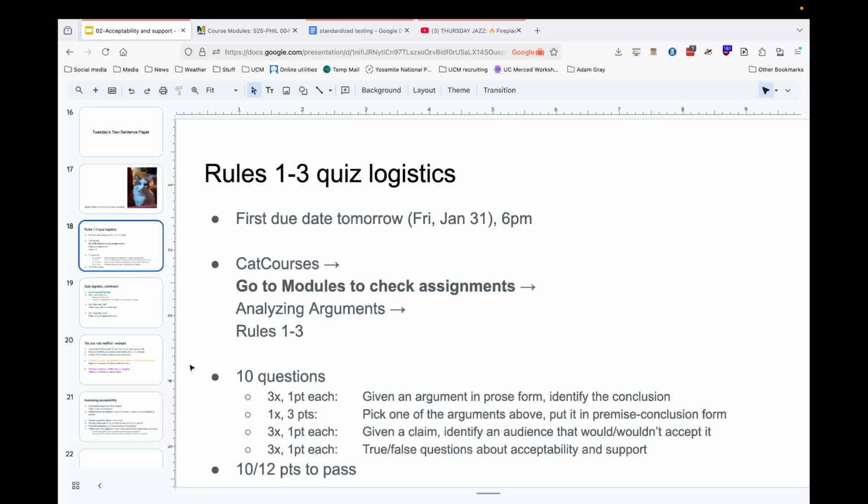We haven't talked about support yet. That's what we're going to be doing mostly today. Okay? So that's the structure of the quiz. Hopefully won't take you too long. And it's a total of 12 points, and you need 10 points to pass. So you can basically miss 2 of the 1-point questions and still pass the quiz.